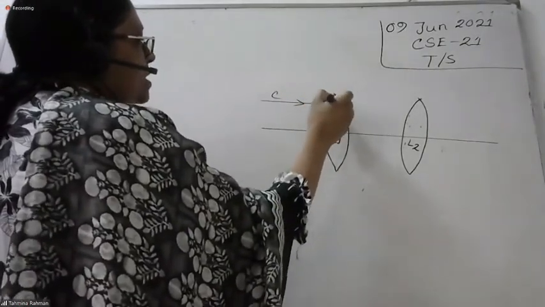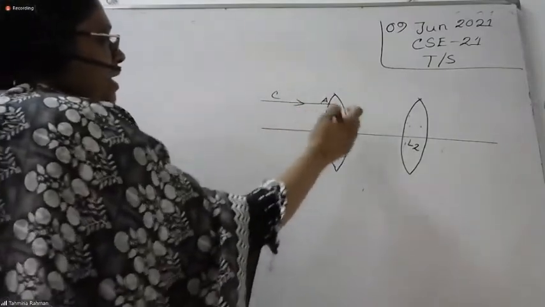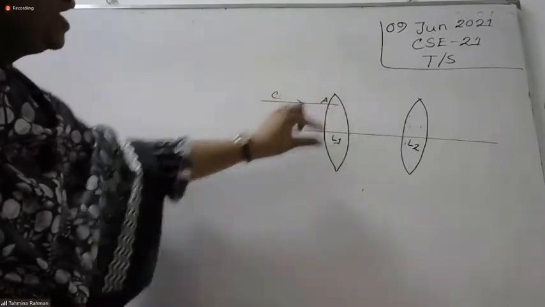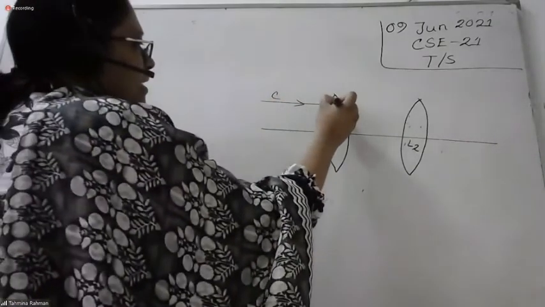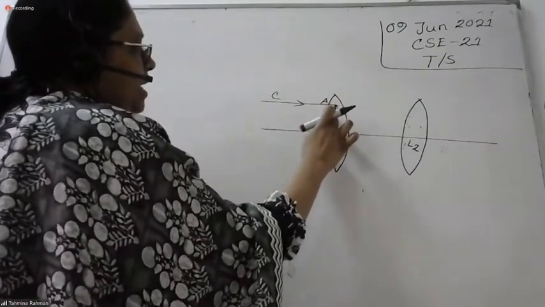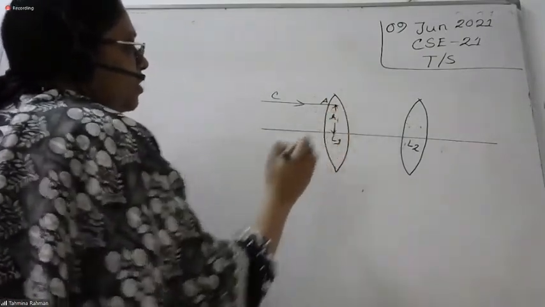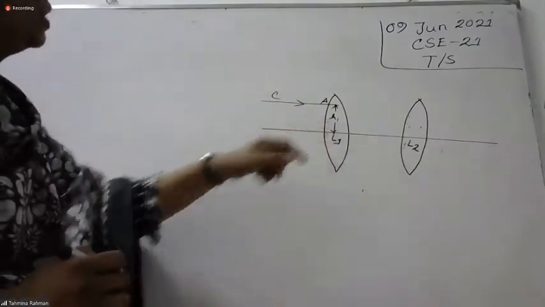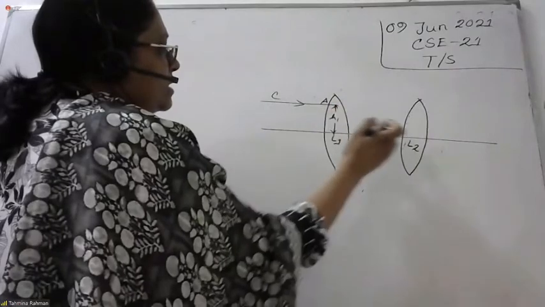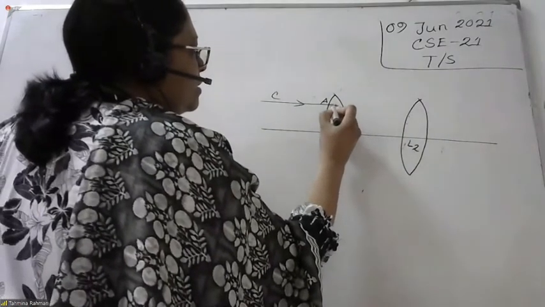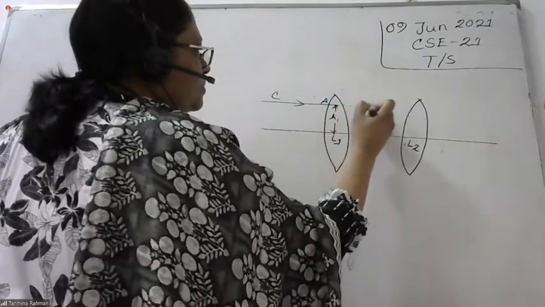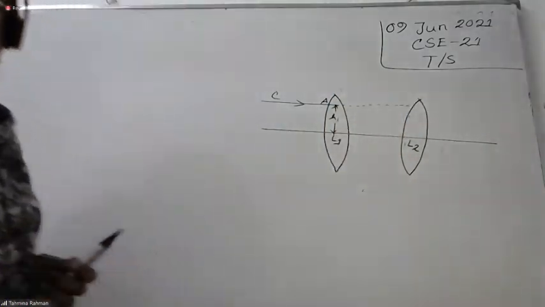See, it is parallel with the principal axis. When the incident ray hits here, this H1 is the object height for the first lens. When it refracts through the lens, there is a deviation.